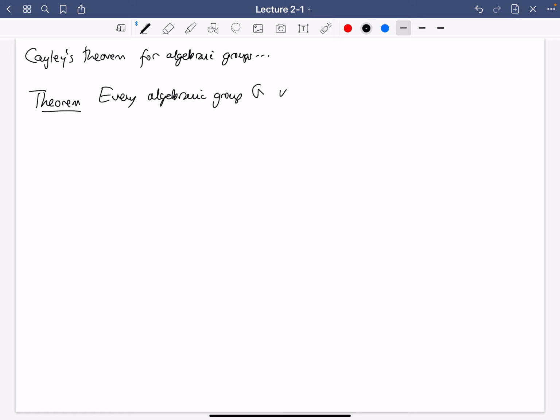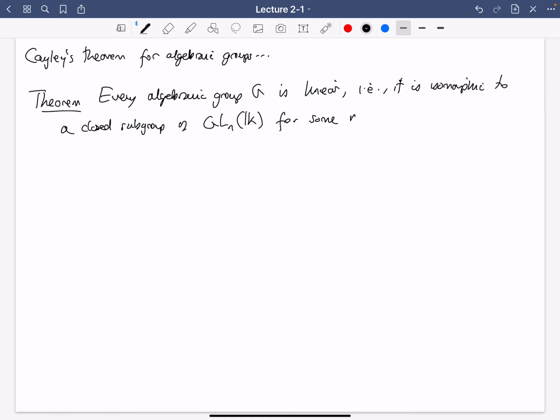Every algebraic group G is linear, by which I mean it is isomorphic to a closed subgroup of the general linear group for some n. So it's the analog of Cayley's theorem from finite group theory, where you would have the symmetric group Sn appearing in that case.